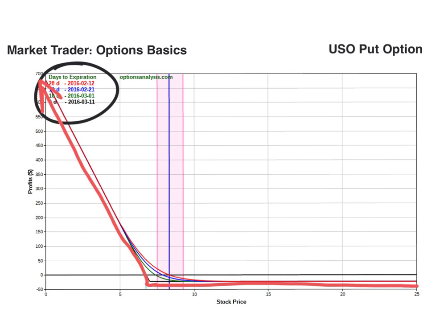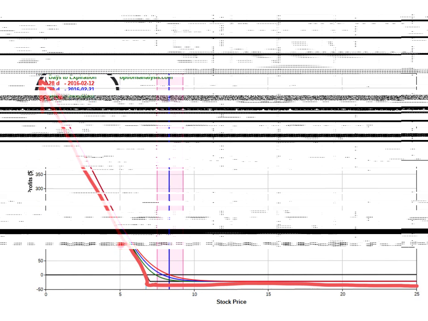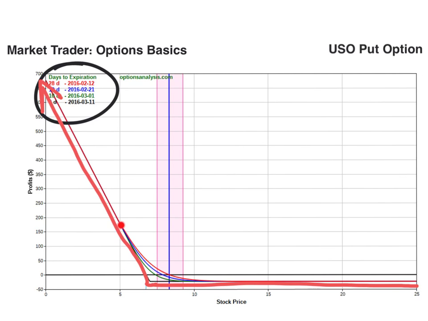You can see that as the price falls, as we go from say $10 to $5, the actual value of this put option begins to increase. So at $5, this is worth maybe around $175 per contract. If oil were to drop another $2 or $3, we could expect this put option to gain in value.